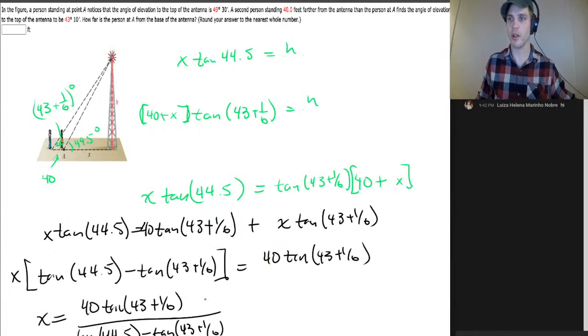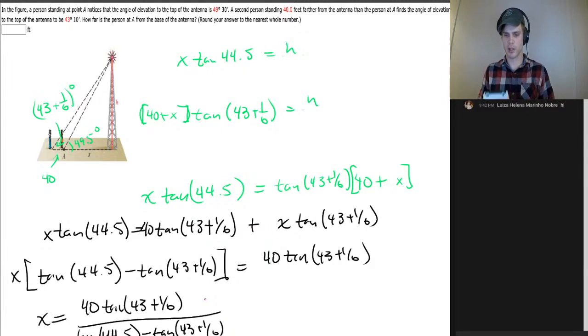Okay, so let's throw all that into the calculator and we'll figure out what x is. So we've got 40 times the tangent of 43 plus 1/6.